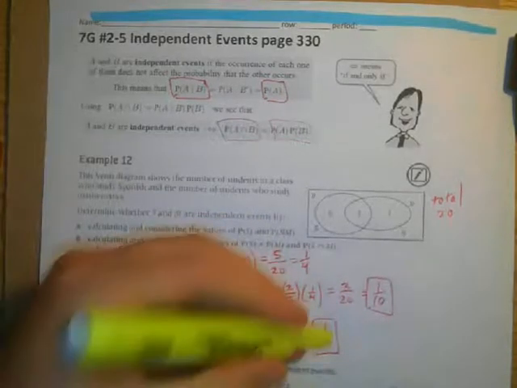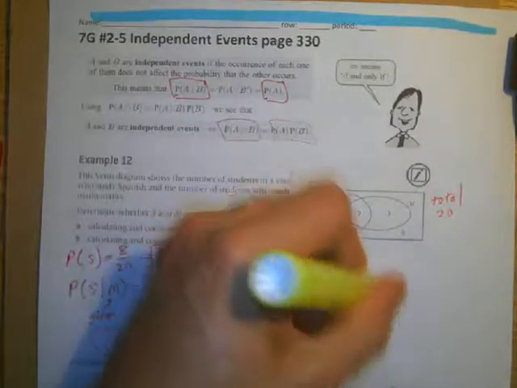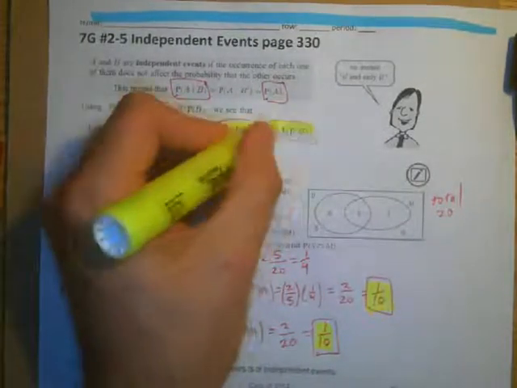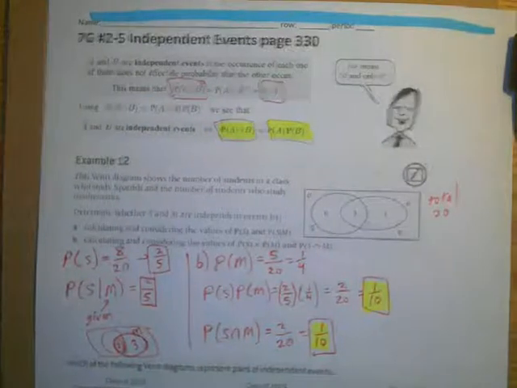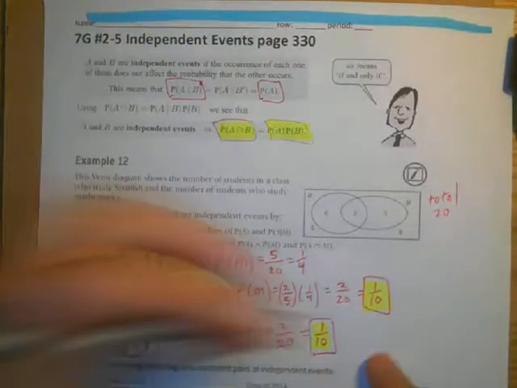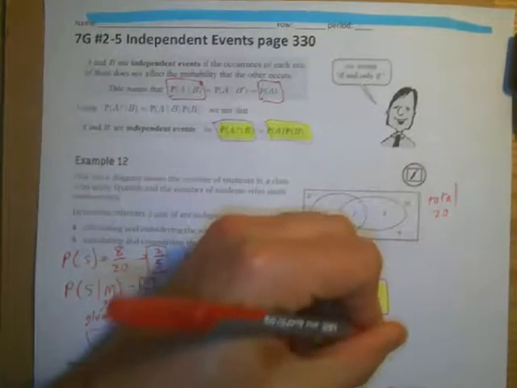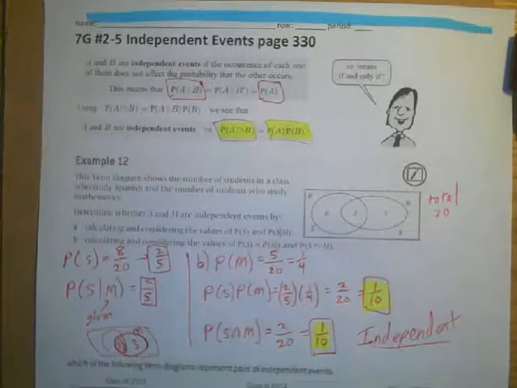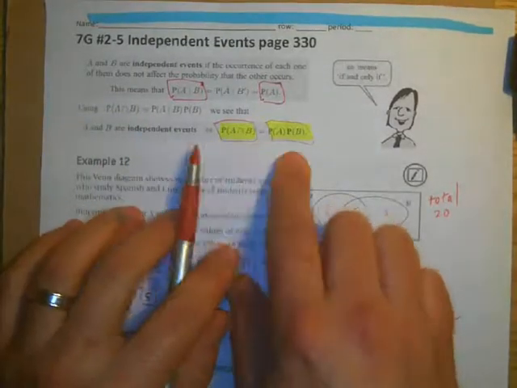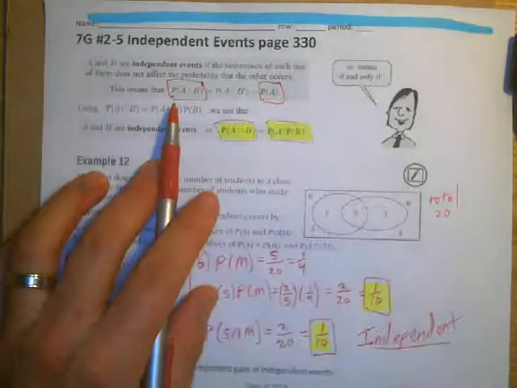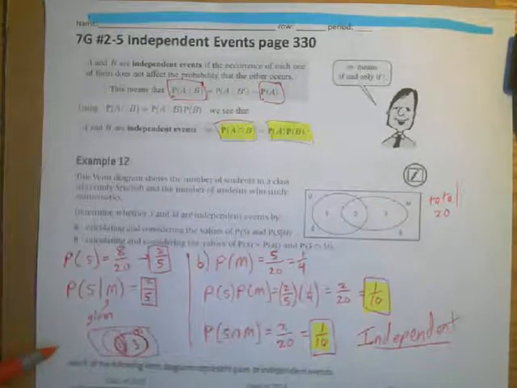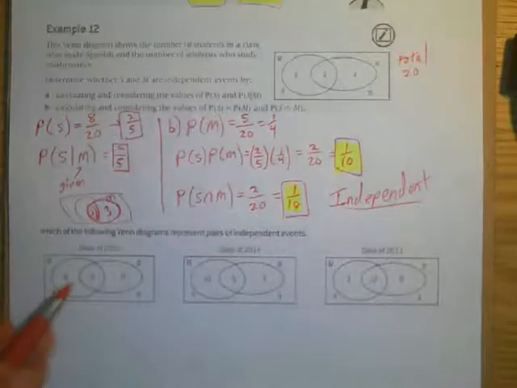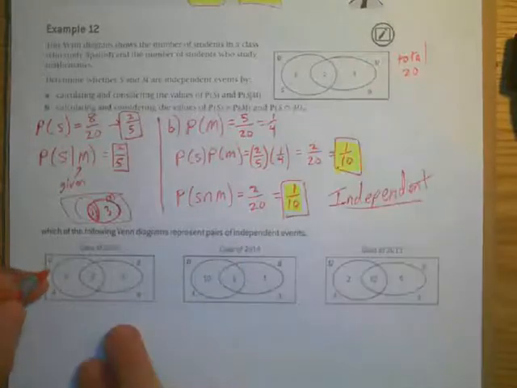And these two values are the same, as the intersection is equal to the probability of A times the probability of B. So since those are the same, this is independent. All right, and your homework is going to be applying this relationship or this relationship. If you have troubles, watch this video again. Okay, let's look at the next part. This one is the same as what we just did here, so this is independent.